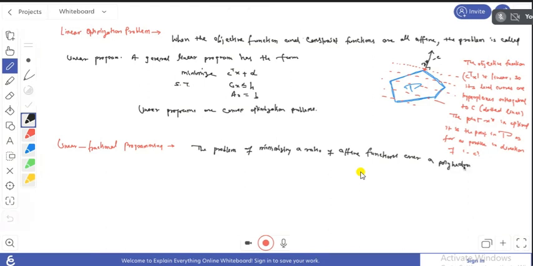This is called a linear fractional problem.